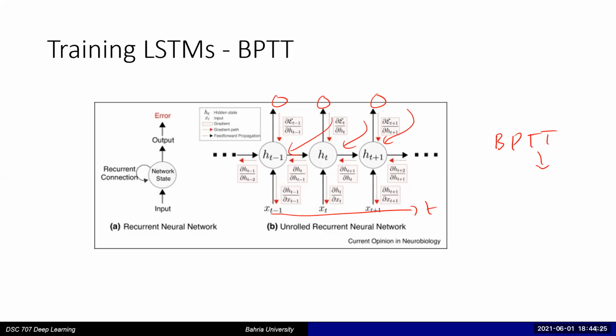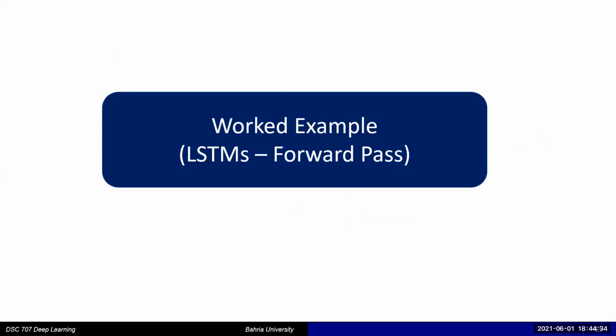I'll give you more detail once we post it, but I'm just telling you that this is what we'll be doing, restricting ourselves only to the forward pass. Let me take a pause, and then we will continue.